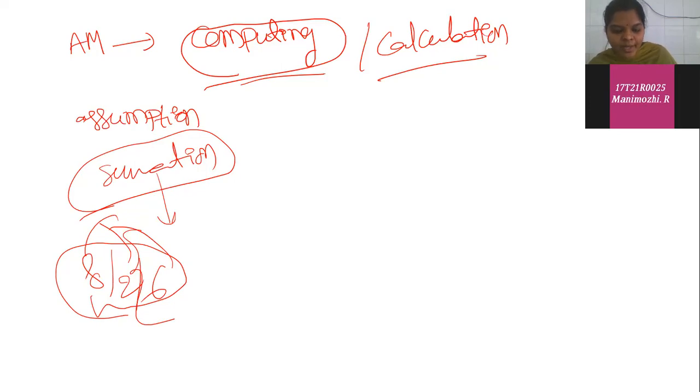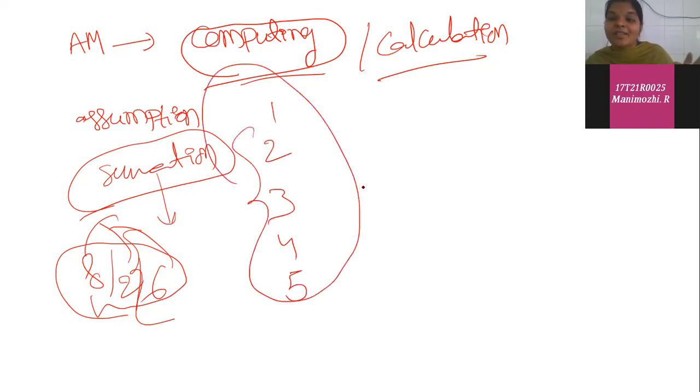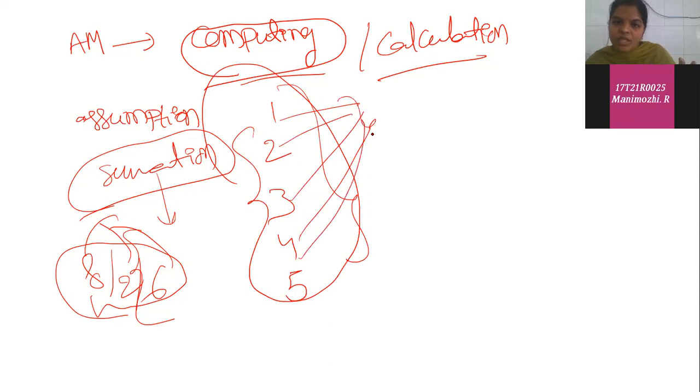See, once again I am reading. For computing the arithmetic mean, based on the assumption that all the items in the distribution are of equal importance, you have n number of values. This is what is called a distribution. We have n number of characteristics, and these n characteristics place an equal importance while calculating the arithmetic mean, right?